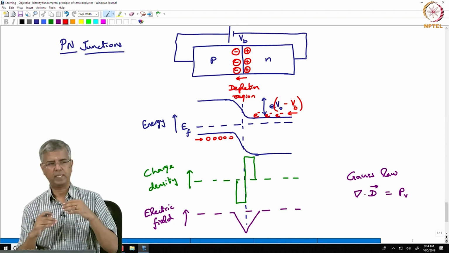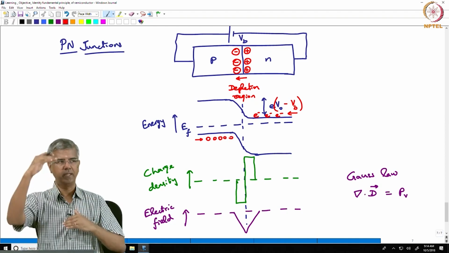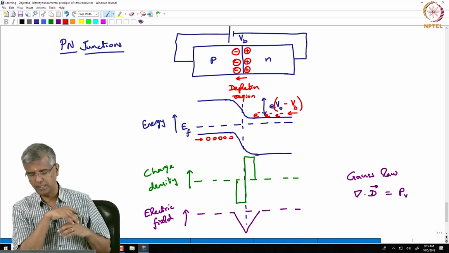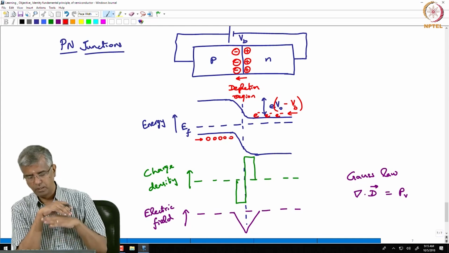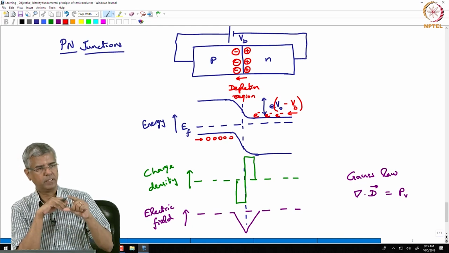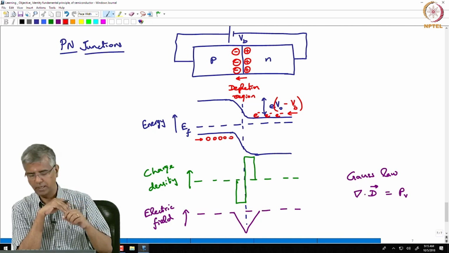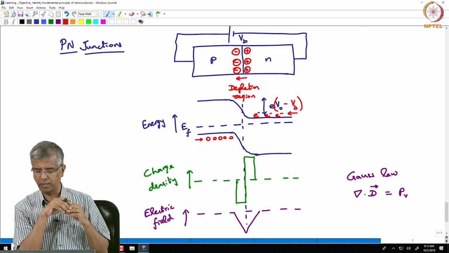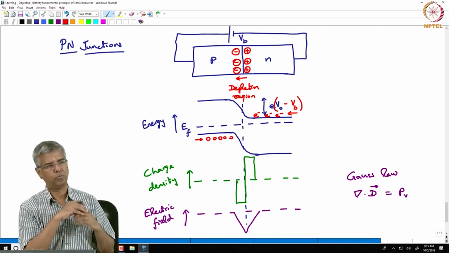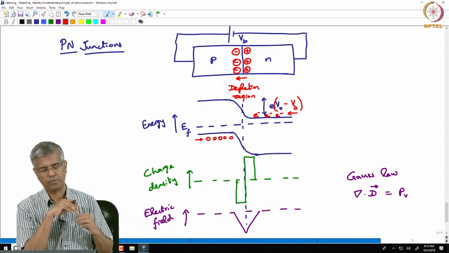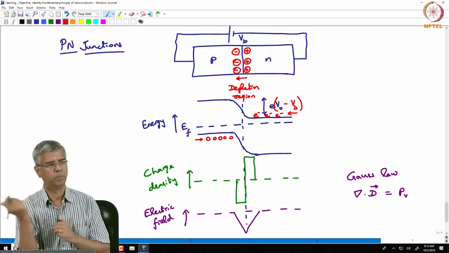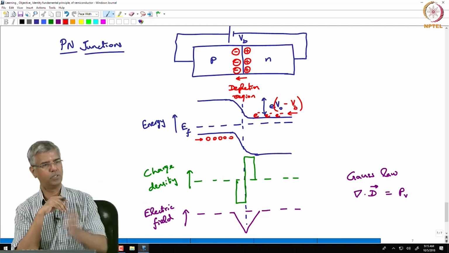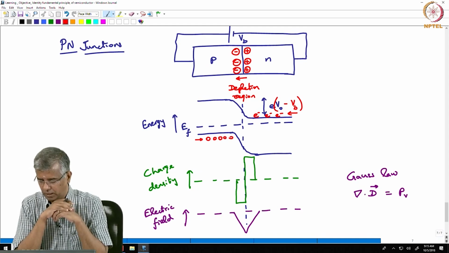So, it will start moving the Fermi energy on either side apart, such that the barrier is reduced. Okay. And of course, when the barrier height becomes 0, that means there is a free flow of electrons from left to right, and holes from right to left, electrons from right to left, and holes from left to right. Okay.